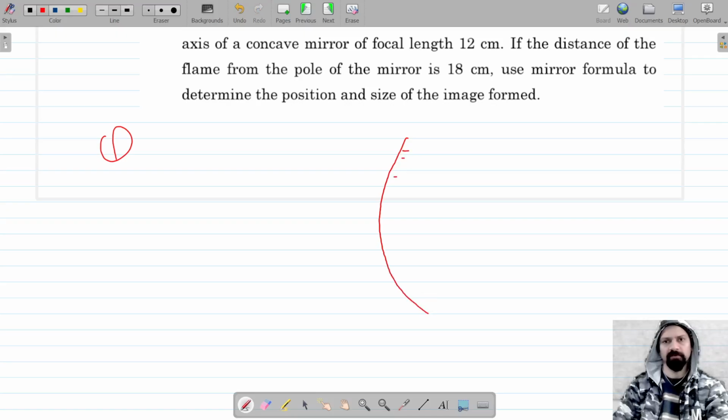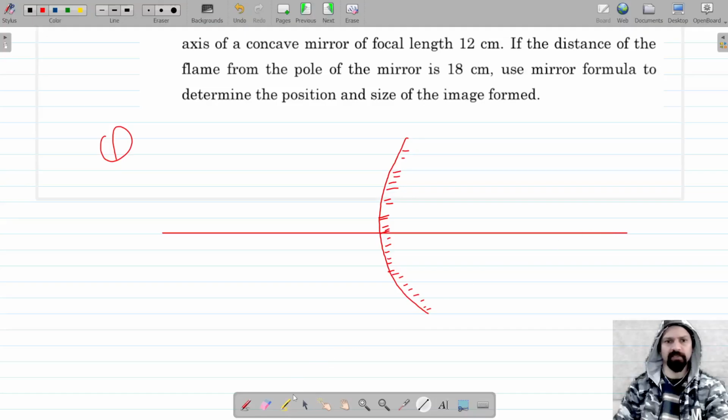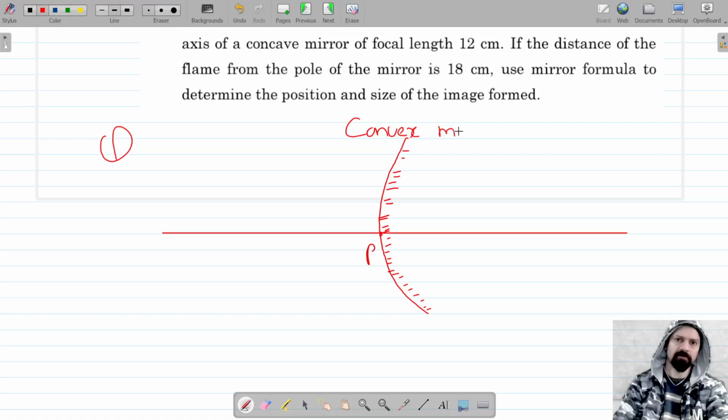This is the non-reflecting surface. Let this be the principal axis. This is the pole, and this is a convex mirror. So the principal focus lies behind the mirror, and here is the center of curvature.